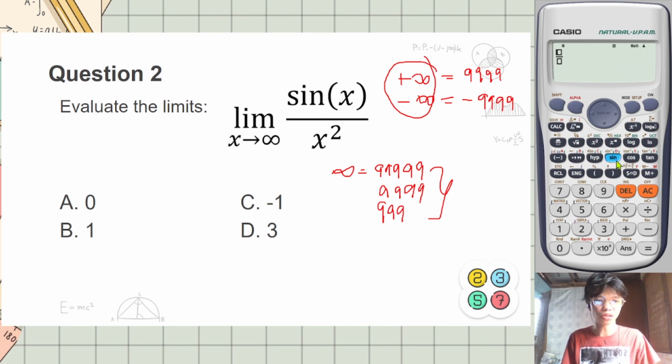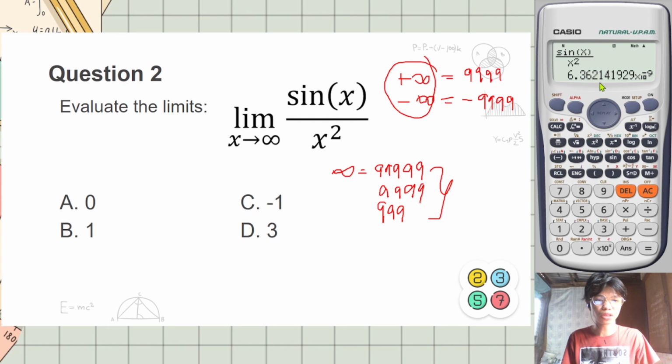Then type the equation sine x all over x squared. Press CALC, and then approximate the value of infinity, which is 9999. Positive infinity first, then later we will approximate the limit at negative infinity.